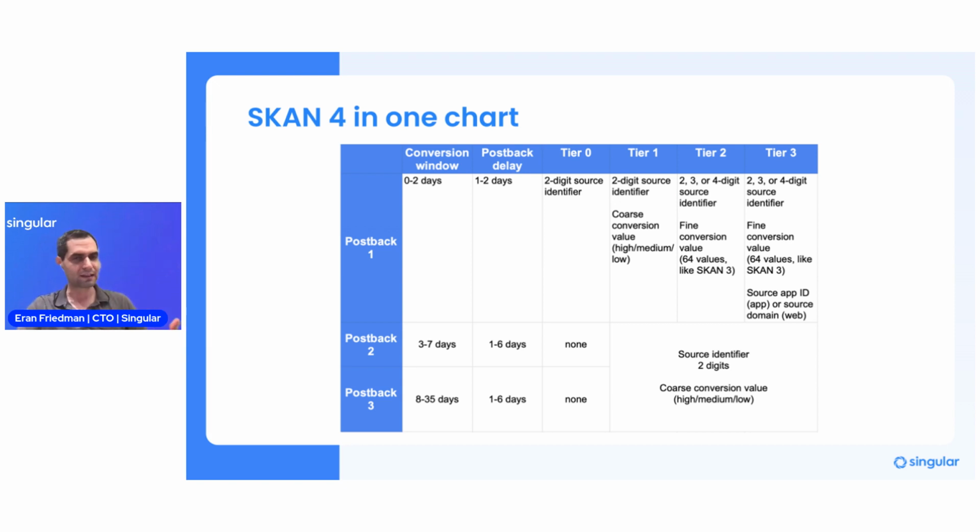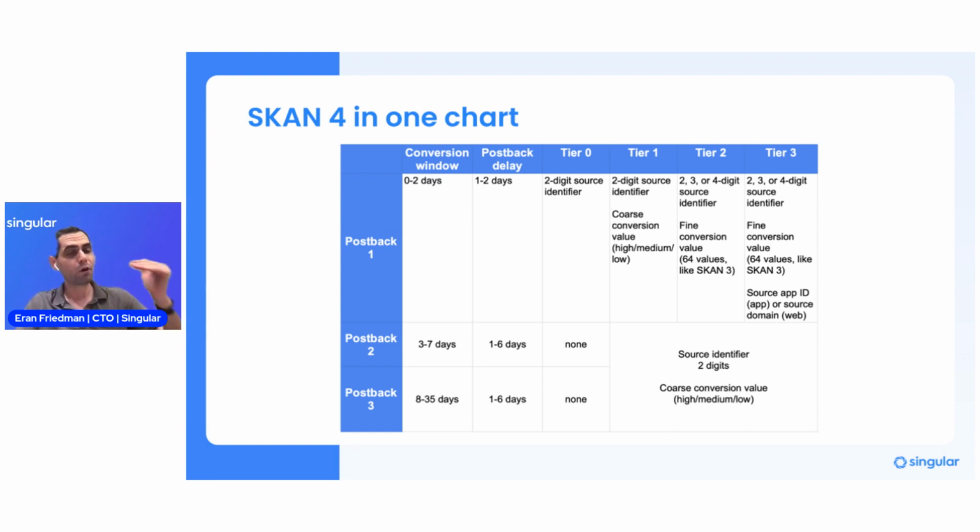So just to give an example, in the first postback, the conversion window is going to be up to 2 days, like we mentioned earlier. The delay is going to be a random timer of 1 to 2 days, so that 24 to 48 hours, which is similar to what we have with SKAN today. And the more volume that you have, these tiers of volume, the more information you're going to get. So in the beginning, you're only going to get this 2-digit source identifier, the campaign ID, exactly like you used to have today.